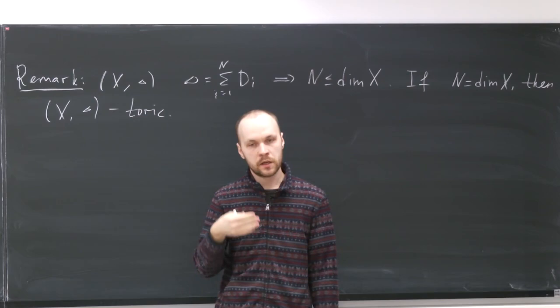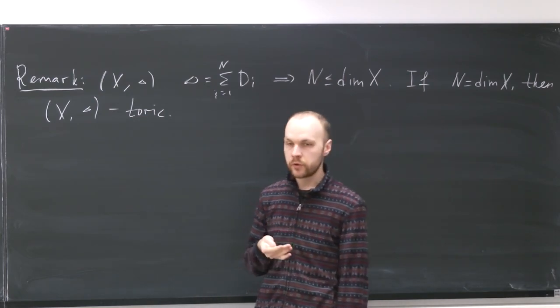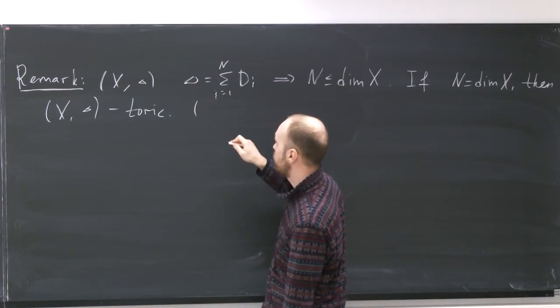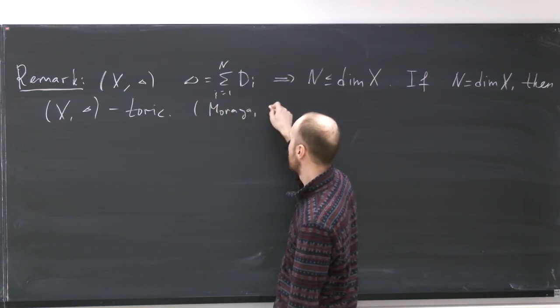So there exists a structure of a toric variety on X such that the boundary divisor is torus invariant. So this is a theorem proven by Joaquin Moraga and myself.